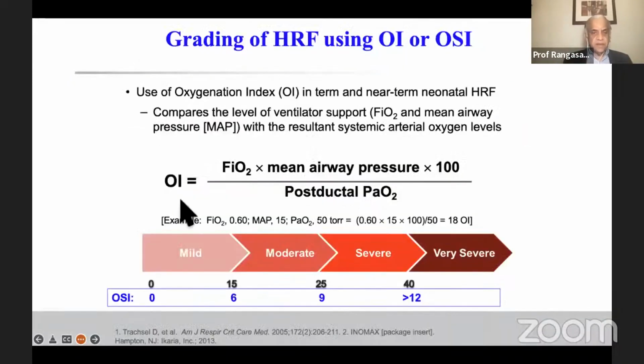Here we use FiO2 times mean airway pressure times 100, because it's an index, divided by pre- or post-ductal saturation, SpO2. Based on our data, which I'm going to show in a minute, between 0 and 6, OSI is considered mild, 6 to 9 moderate, 9 to 12 severe. Any OSI greater than 12 is considered very severe.